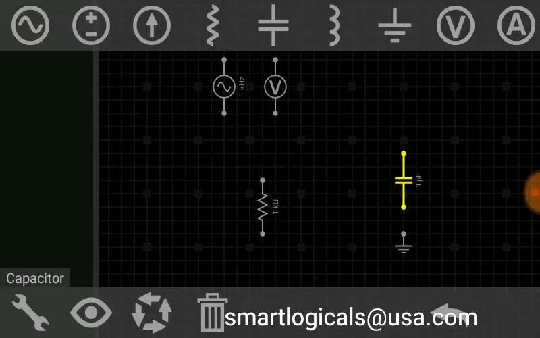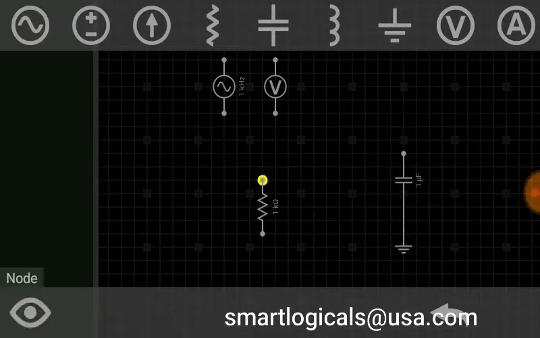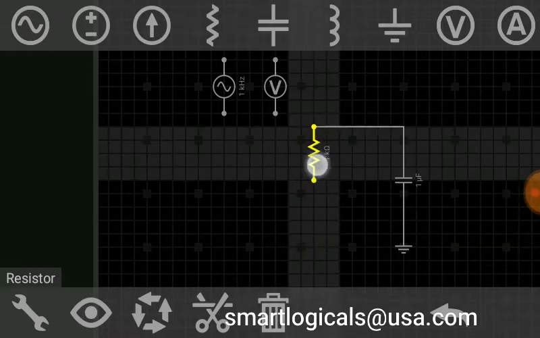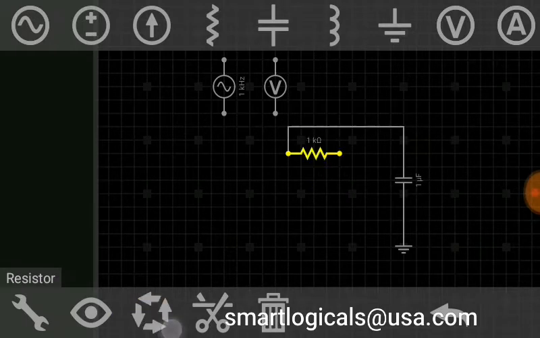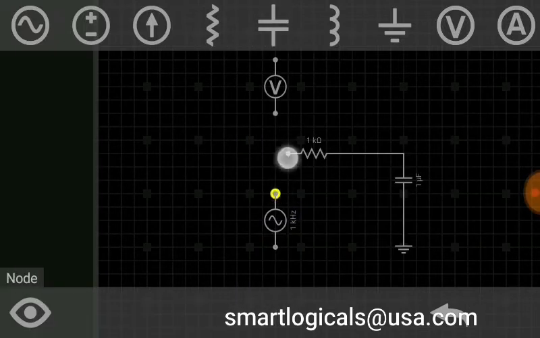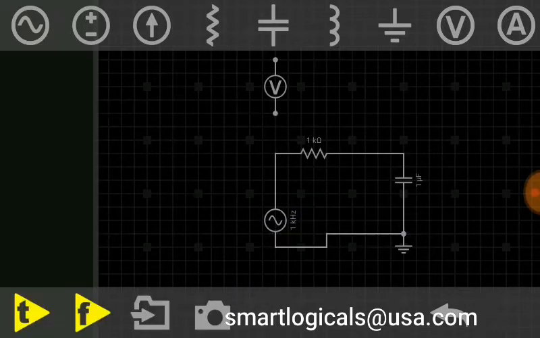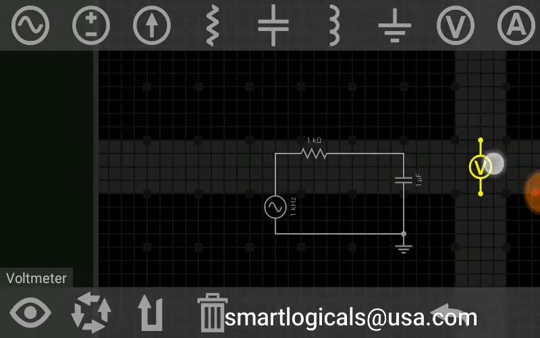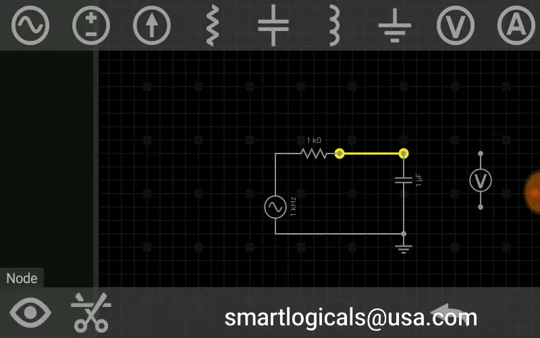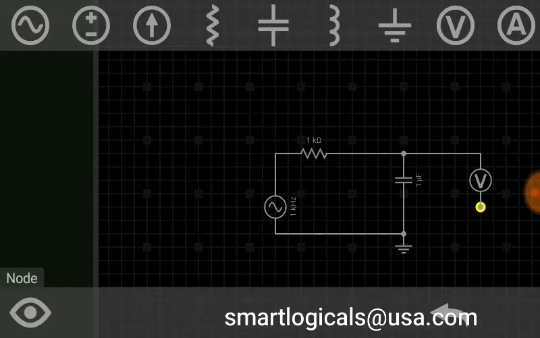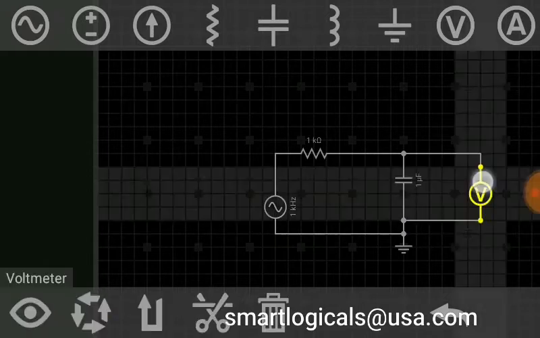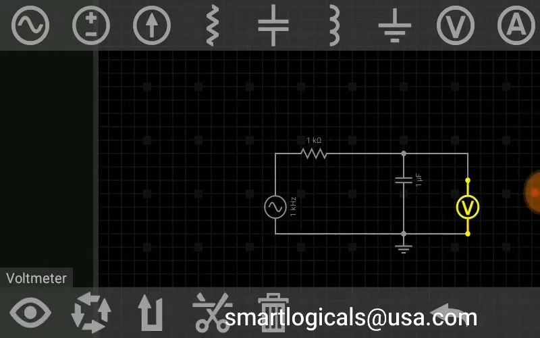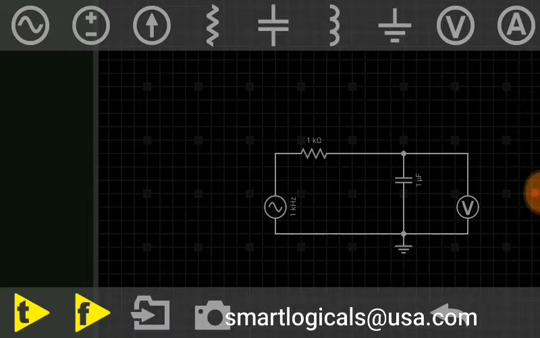Now construct the circuit. Right friends, the simple RC low pass filter is constructed.